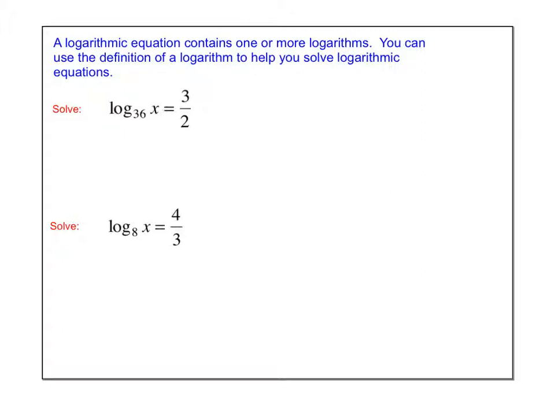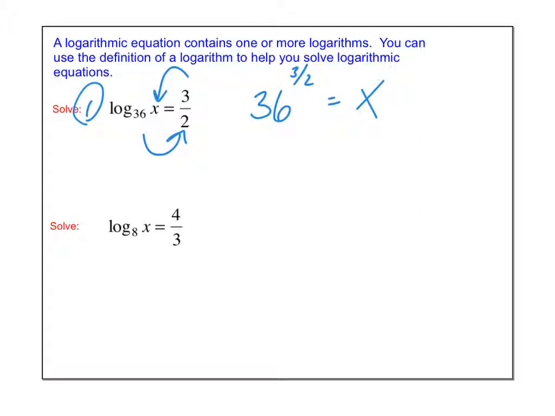So let's take a look at this first one. Number 1 says log base 36 of x equals 3/2. Using my log loop, I can recreate in exponential form 36 raised to the power of 1.5, and we're going to set that equal to x. And we can evaluate 36 to the 3/2 power.